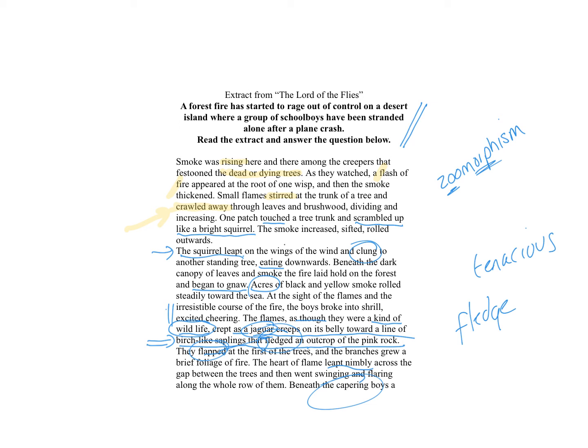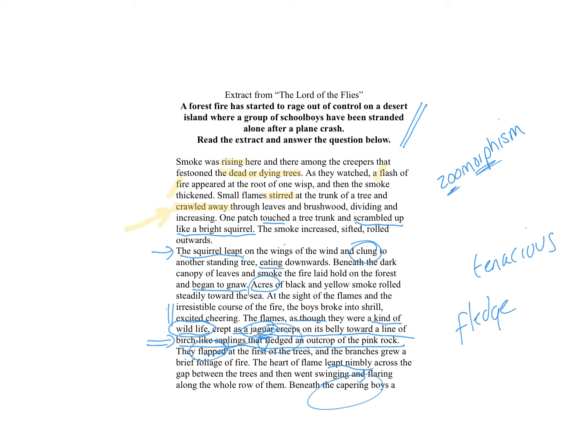Those ideas, I would start to try and group them into patterns. So the fire is presented as a wild natural force. The fire is presented as destructive and dangerous. The fire is presented as hungry.